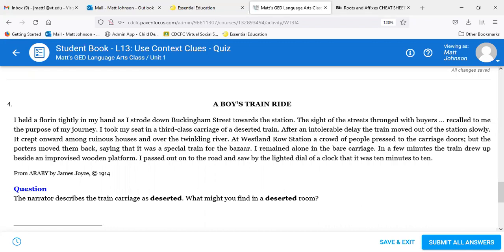I think it means there was no one in the room. Yeah, good job. So it was empty. Exactly. So you just say there was nothing, or it was empty.